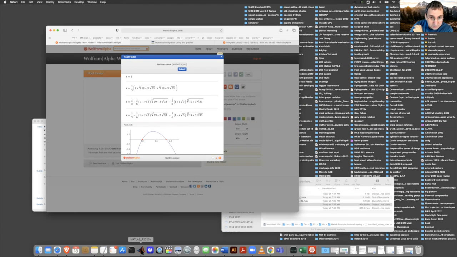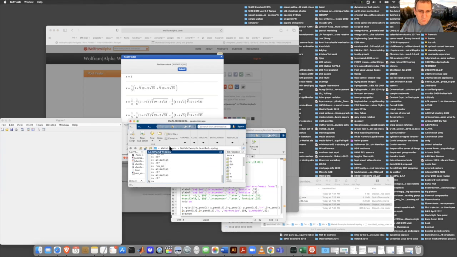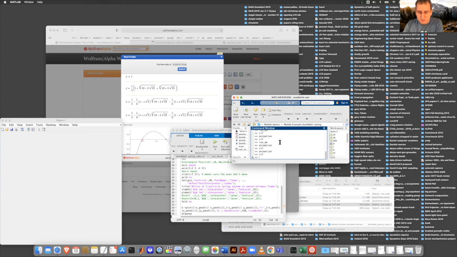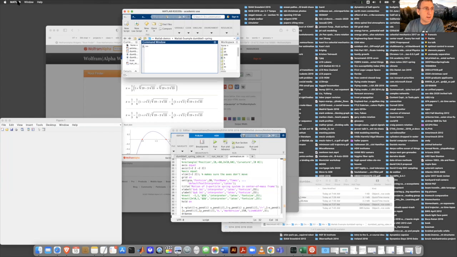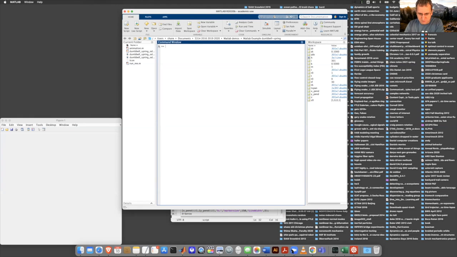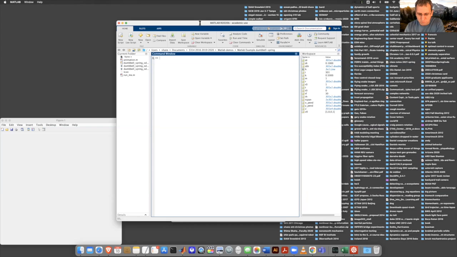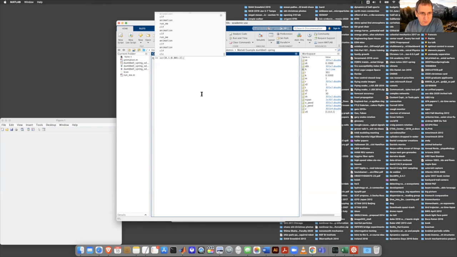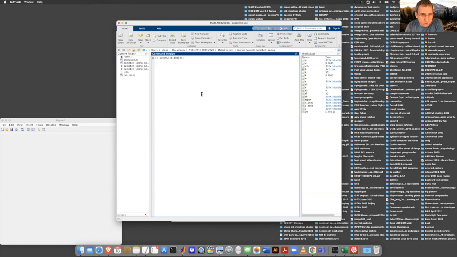So let's try MATLAB. CLC. Let me hide everything except MATLAB. Hopefully you can still see my screen. First, I'll define a variable: X goes from 0.1 to 2 in increments of 0.001.